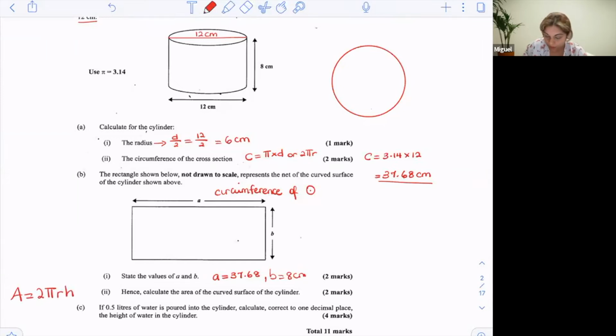We worked out 2 pi r already as 37.68. We have the height B here as 8. So replace 2 pi r with 37.68 and multiply that by 8 and see what you get.